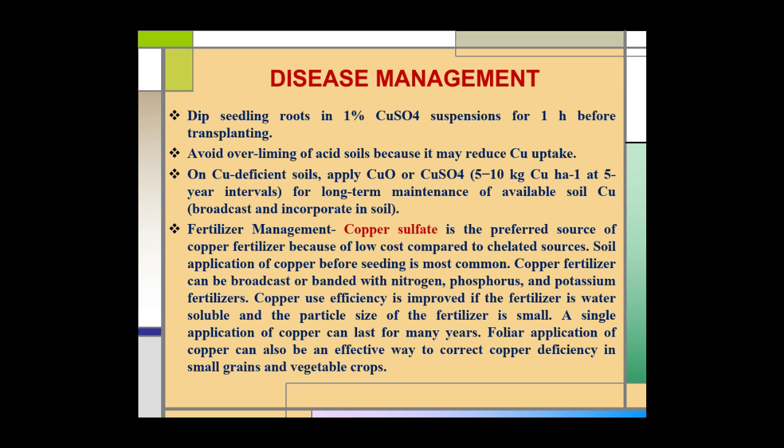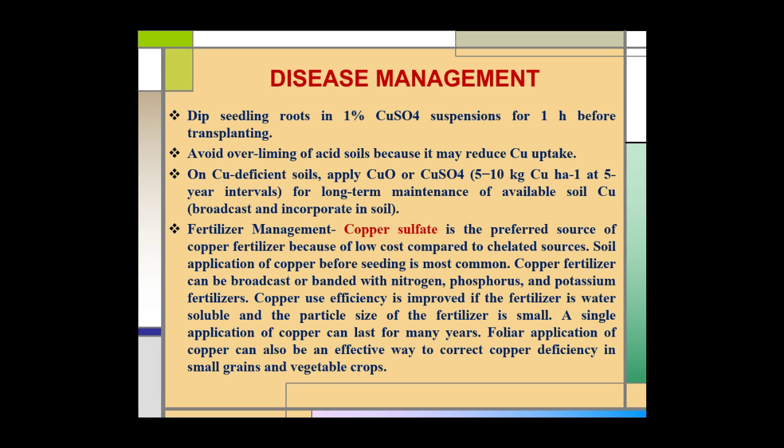On copper deficient soils, apply copper oxide or copper sulfate for long-term maintenance of available soil copper. Copper sulfate is a preferred source of copper fertilizer because of low cost compared to chelated sources.